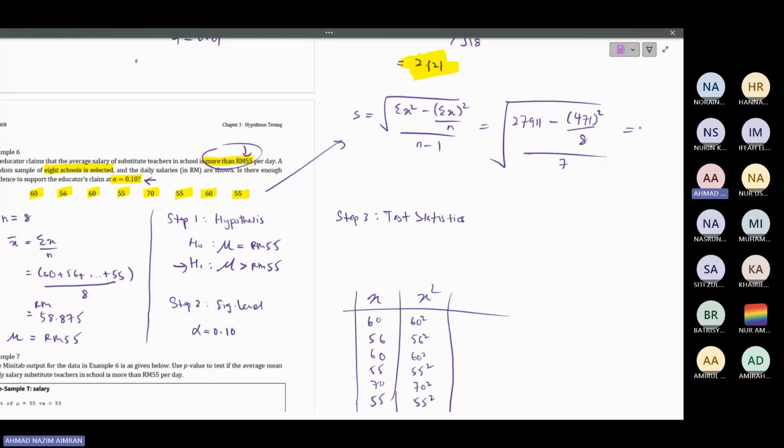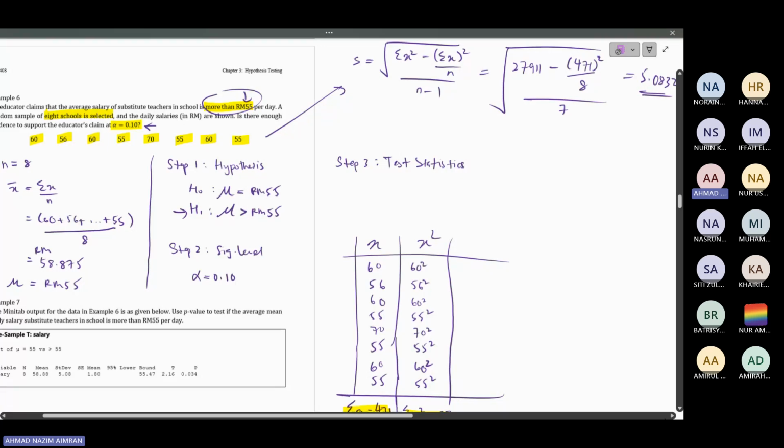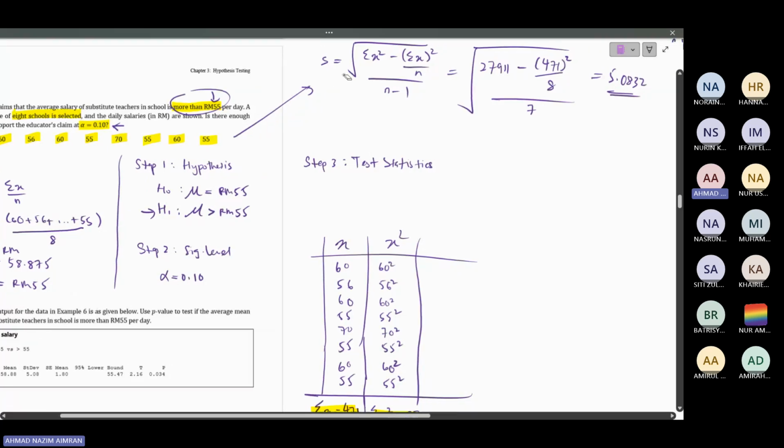So solving this equation, you should get the standard deviation of the sample that is equal to 5.080832. So this value will be used in the calculation of the T calculated.